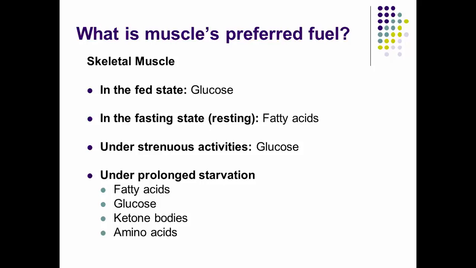So again, in the fed condition, glucose is the main energy fuel, during short-term starvation or fasting, fatty acids are the major fuel, and in prolonged starvation, muscle starts using other alternative fuels like ketone bodies and amino acids, right? So in the fed condition, muscle usually will not utilize fatty acids for energy fuel, right?